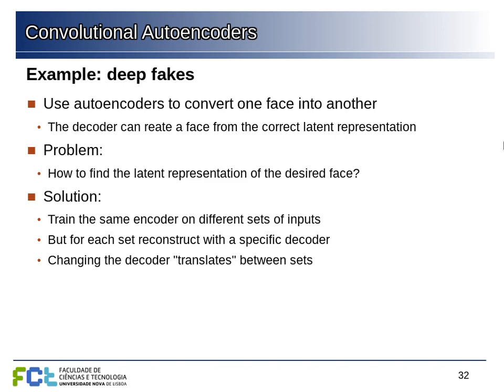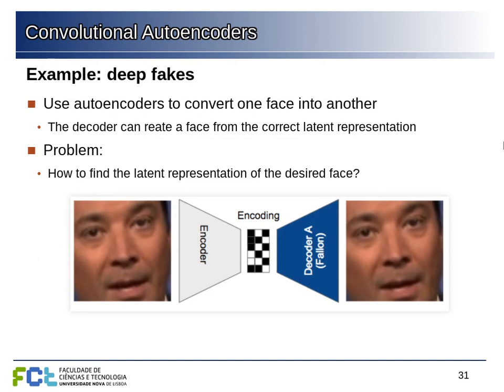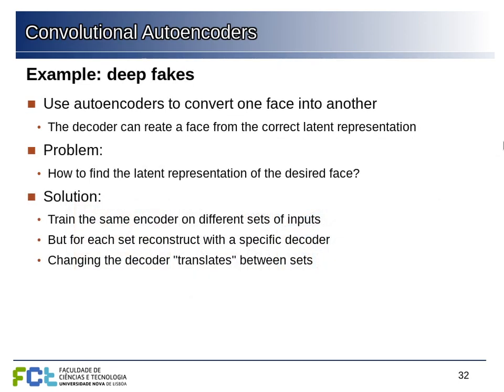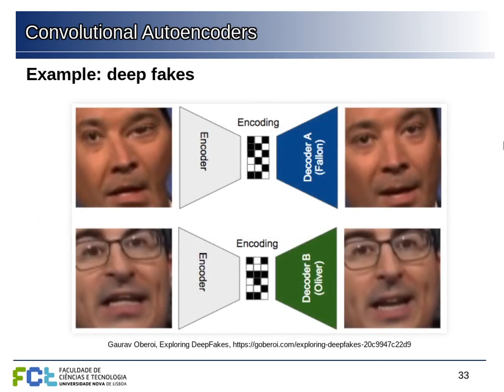So one solution here is to train the same encoder on different sets of inputs, so that the shared space here is the same for the two faces, the two people, but then we train different decoders so that we output the image of one person or the other. And this is the general layout, in which we apply some deformation randomly on the faces.